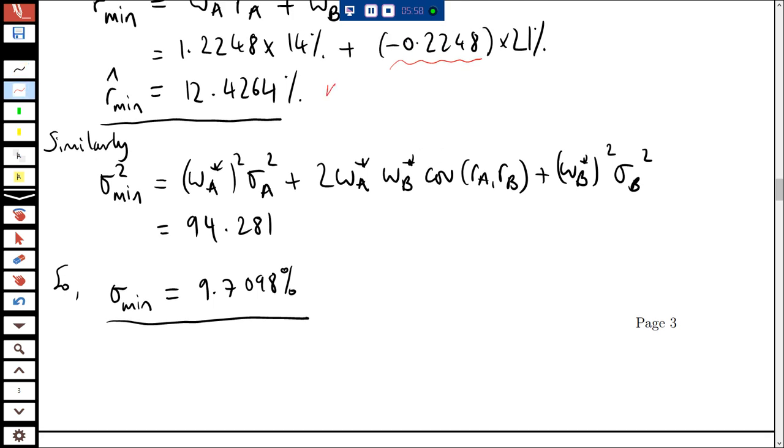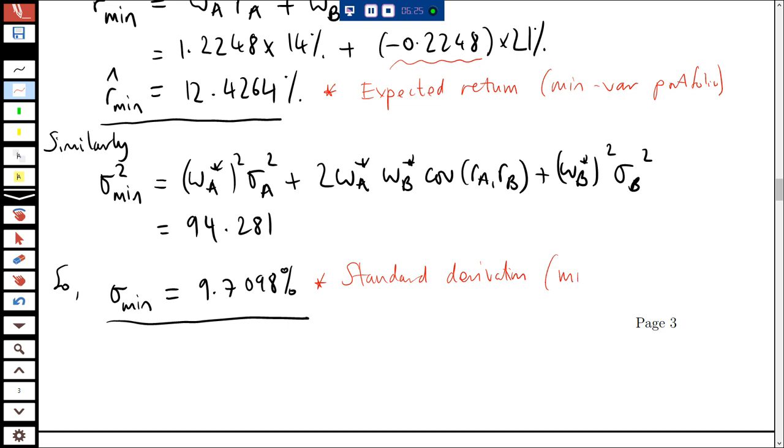We have the expected return in the minimum variance portfolio. And we have the risk. This is the standard deviation for this minimum variance portfolio.